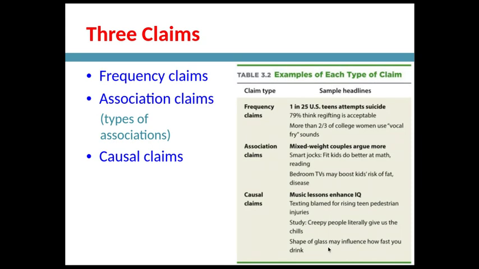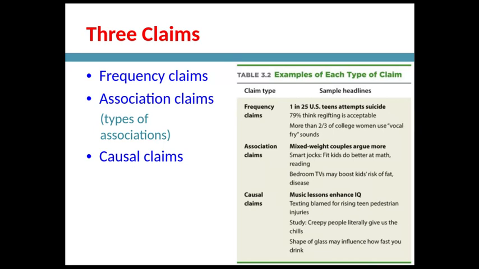Shape of glass may influence how you drink. Maybe you have one straight cylindrical glass for water, and another one has a curved glass, something different than a straight cylinder. You put 12 ounces of water in each, and you literally time how fast they drink.